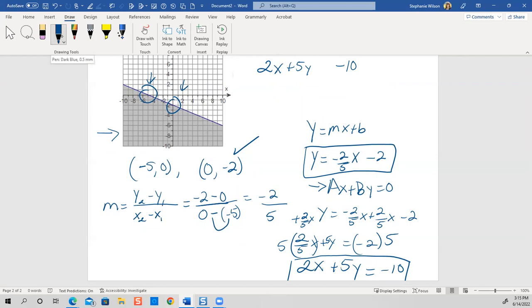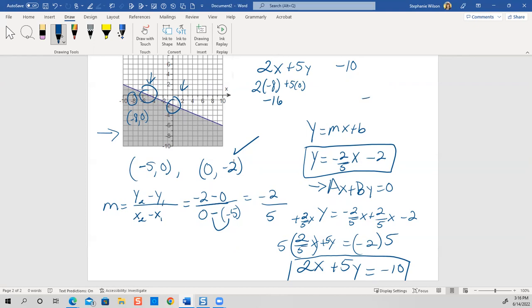Well, just make it easy on ourselves. If you notice right here, I got the (-8, 0) ordered pair. Let's use that. I mean, you could use any ordered pair that's in the shaded area, but I want to use that. So I got 2 times that -8 plus 5 times that 0. What does that give me? 2 times -8 is -16 plus 5 times 0, which is 0.